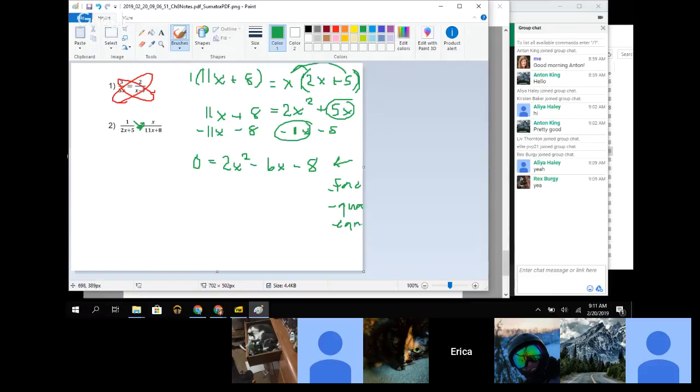I'm going to go ahead and solve it by factoring, so I don't have to do the big quadratic equation, but you could do the quadratic equation if you want. The first thing that I notice is that each of these has a factor of 2. So if I factor out 2, I can make my life a little easier: 2 times (x squared minus 3x minus 4) equals 0.